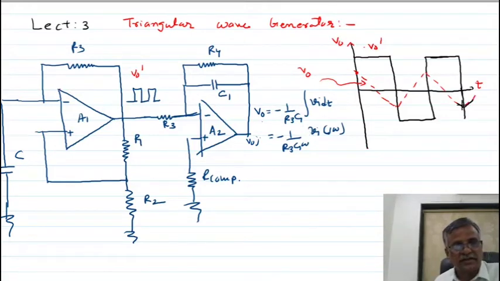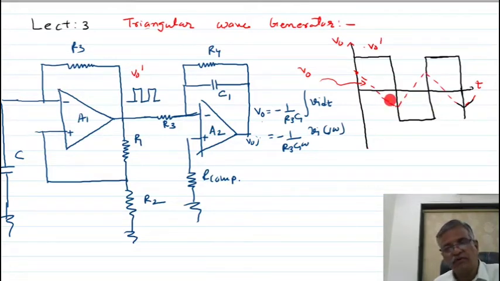Listen, last time I am telling you the discussion of the first circuit. The triangle wave can be obtained by integrating the square wave. The circuit diagram of the triangle wave generator is shown in the figure. Here A1 produces the square wave, and the square wave is given to the negative terminal of A2, that is the integrator circuit, and this integrated square wave as a result gives the triangle wave. The frequency of the square wave and the triangle wave is the same, but the amplitude is different.